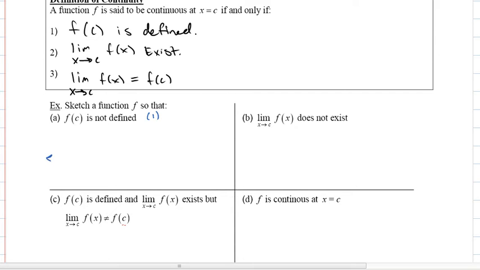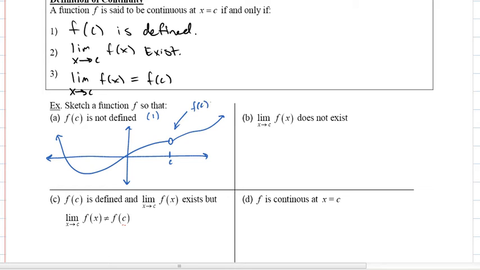So we're going to go ahead and draw this to better understand what it means for a function to be continuous. This simply says draw a graph with an open hole somewhere in the graph. And if that is my c value, my f of c does not exist because it's not there. So that is a discontinuous function.